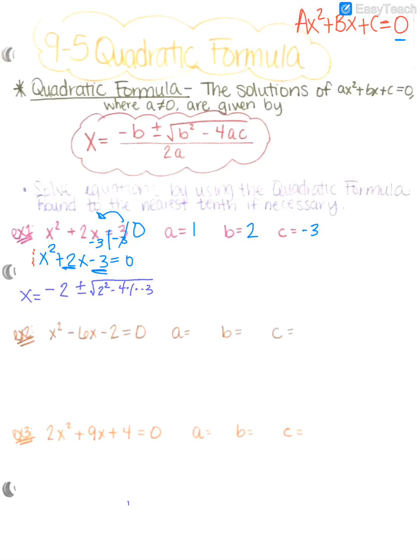And that all has to be inside the square root, over 2 times a. Well, 2 times a, again a is 1. There you go. Now we're going to go ahead and simplify.